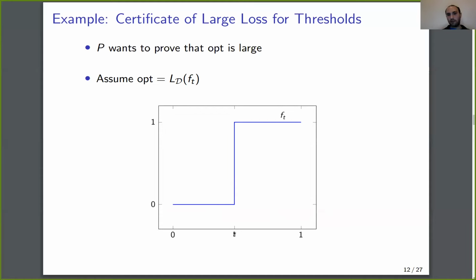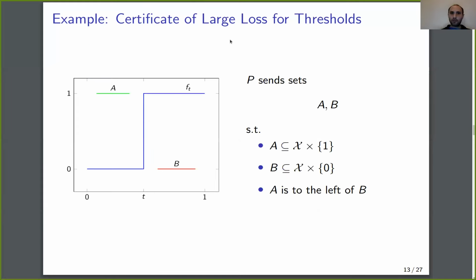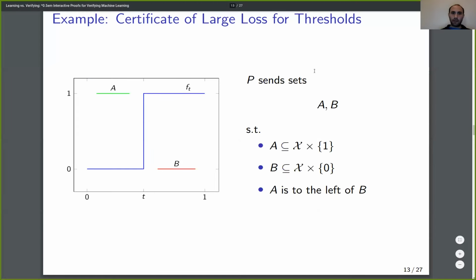The verifier doesn't know what it is, but we can assume that there exists some threshold like that which achieves the minimal loss. How will the prover convince the verifier that opt is large? We call this a certificate of large loss for thresholds. And the way this works is the following.